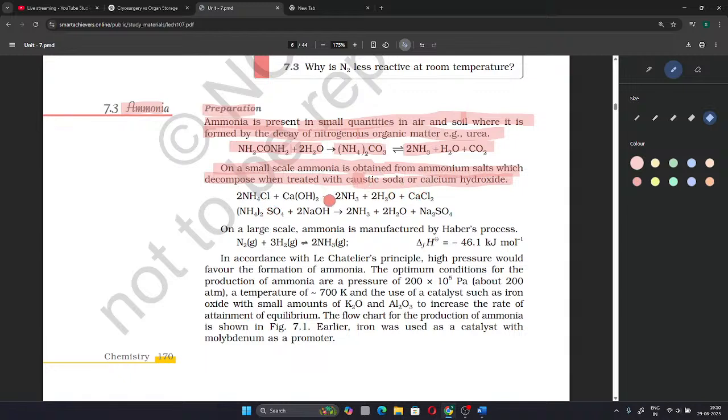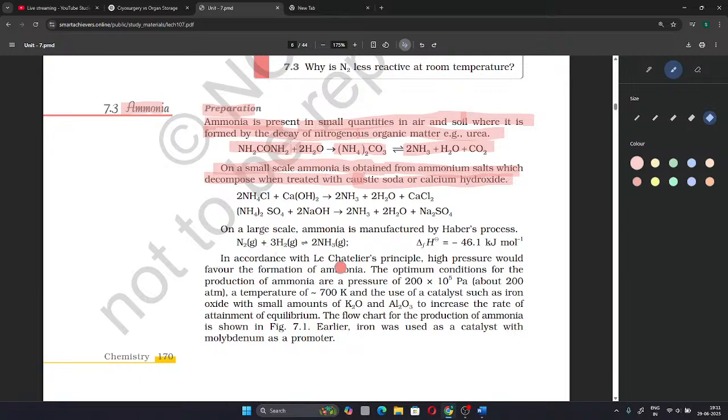We can treat it with either sodium hydroxide or calcium hydroxide. Ammonium chloride plus Ca(OH)2 will give 2NH3 plus 2H2O plus CaCl2. In case of caustic soda, it will react with (NH4)2SO4, ammonium sulfate, plus caustic soda to give 2NH3 plus 2H2O plus Na2SO4.